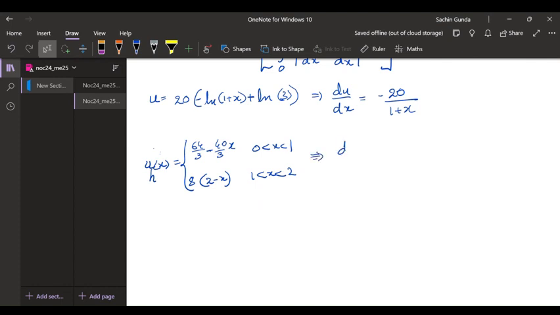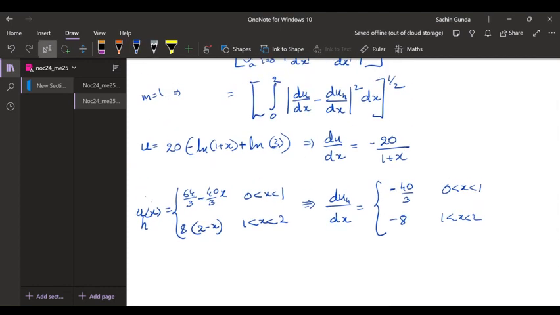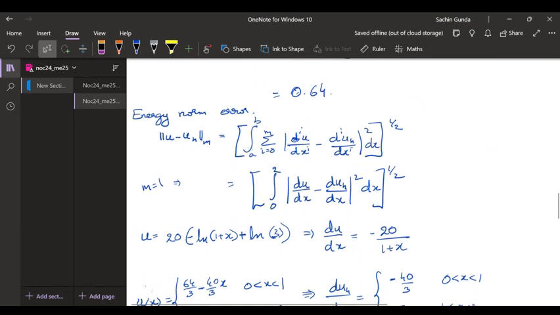This implies duh by dx is equal to minus 40 by 3 and minus 8, from 0 to 1 and 1 to 2 respectively. So we have the derivatives for both analytical and FEM. Let us substitute them back into the energy norm and find its value.